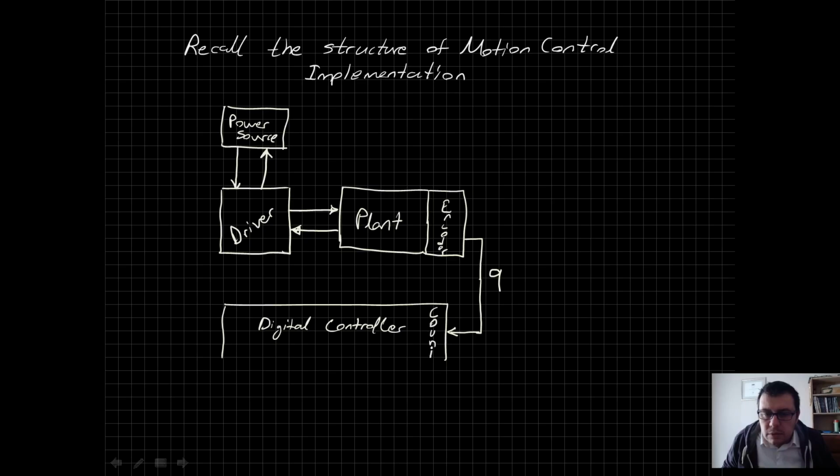So if you have, for example, 5 different motors to be controlled simultaneously, you would need at least 5 counters, one for each encoder of the motor. Okay?